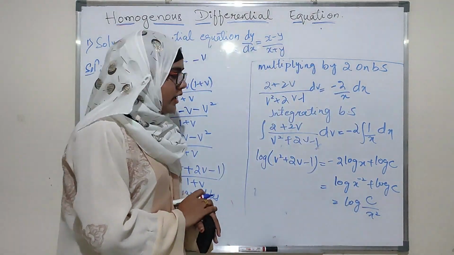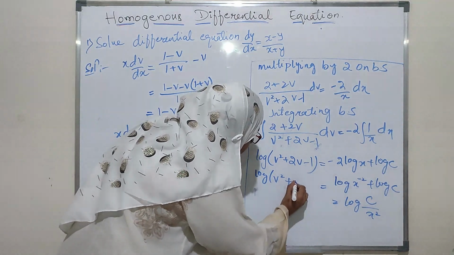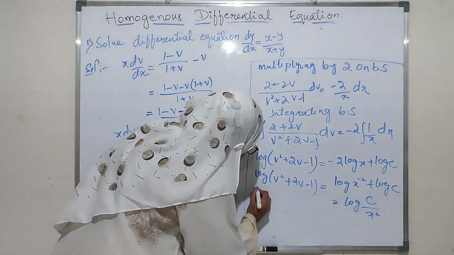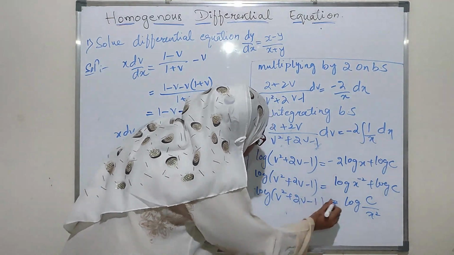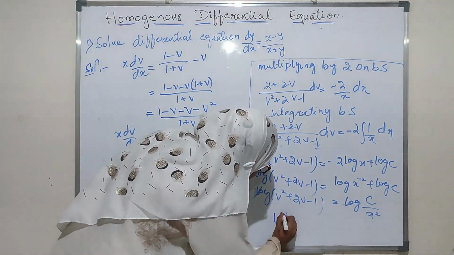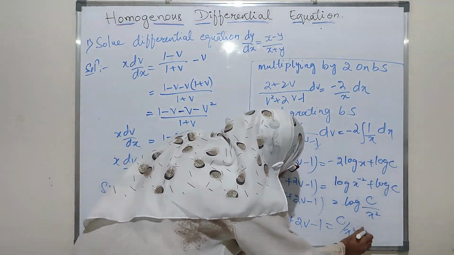Here we are having log of v square plus 2v minus 1 on both sides, this log gets cancelled. What is remaining? v square plus 2v minus 1 is equal to c by x square.